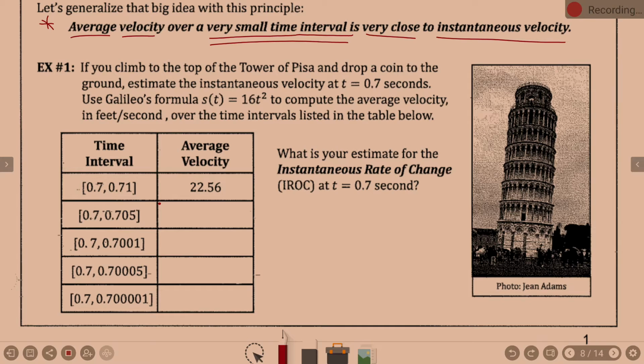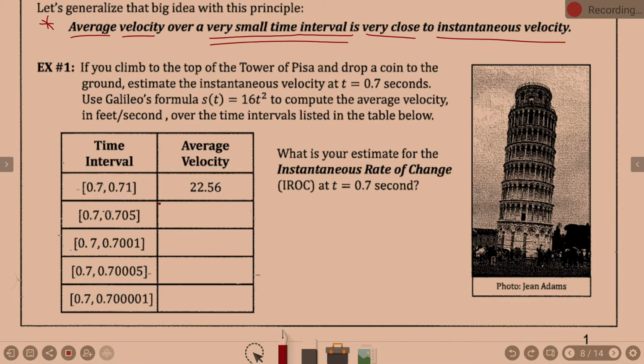So in order to estimate the instantaneous rate of change, we're going to look at the average rate of change. Okay, so in order to do this, change in distance over change in time, right? We have a distance formula, and we have a time interval, yes? So if we're doing change in distance over change in time, change in distance, we're going to what?